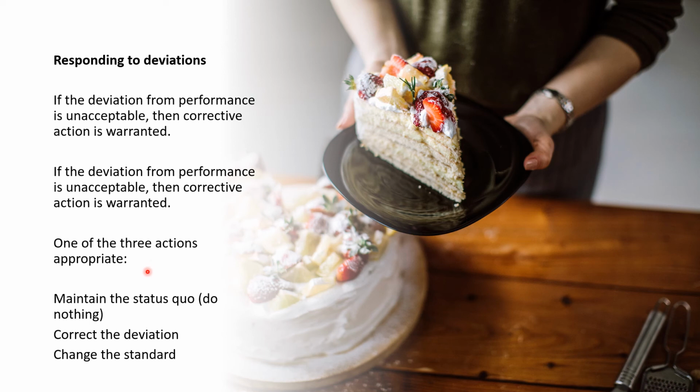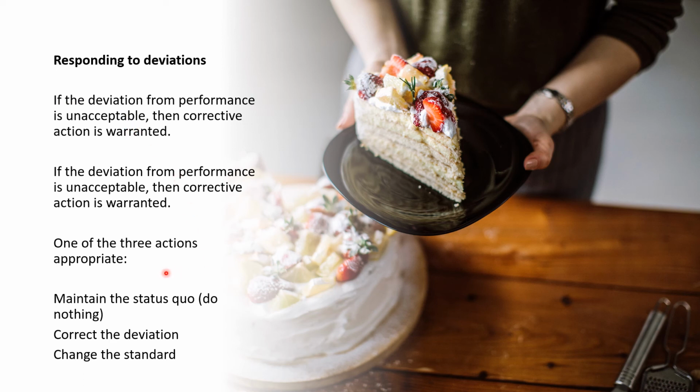One of three actions is appropriate. If corrective action is needed when you compare, you can accept the deviation, or you have to take corrective action. However, if you taste it and it feels exactly like the standard, you don't have to take any corrective actions. Otherwise, there is something wrong here.